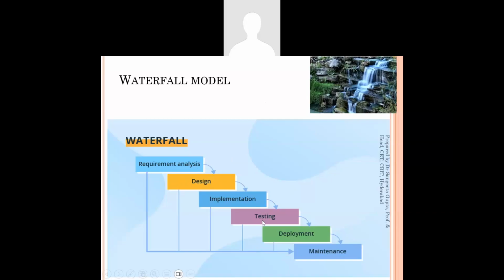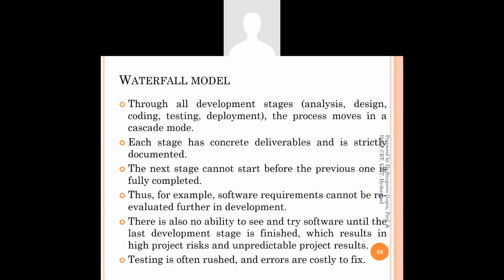This model is usually suitable whenever we have to follow a linear or a sequential approach. Hence, the waterfall model is also known as the classical life cycle model or linear or sequential process model. In this particular waterfall model, all the development stages are connected in the form of a cascade.